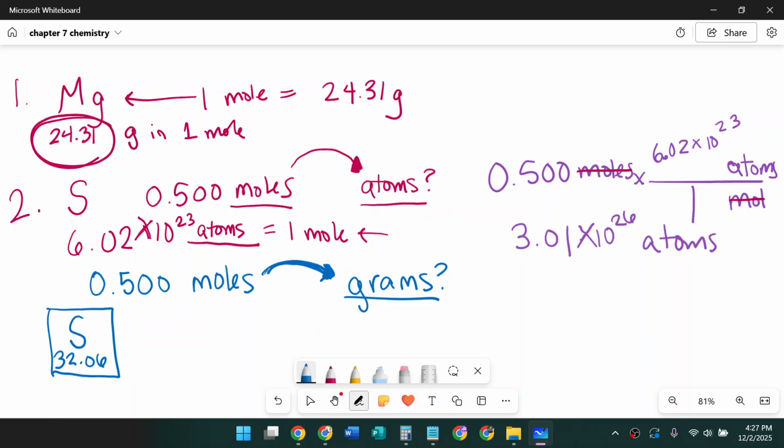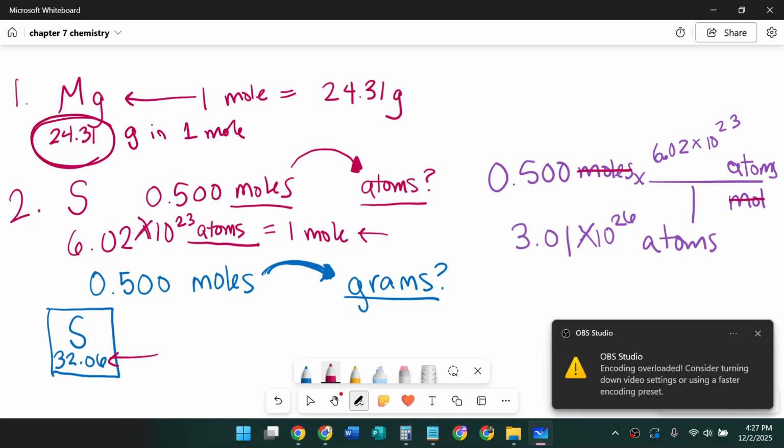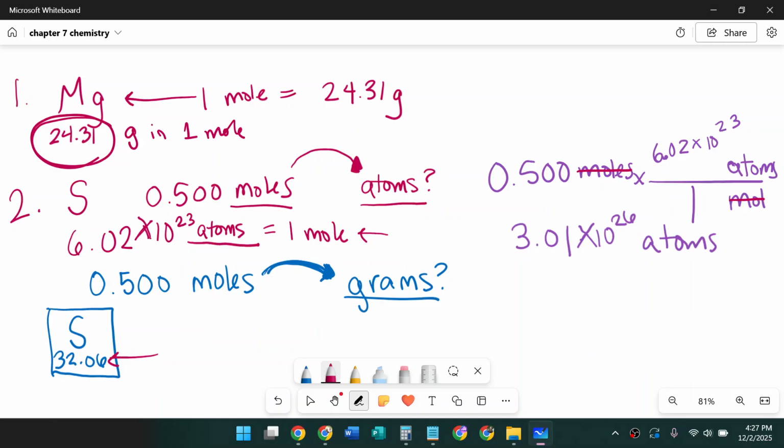And a lot of charts online, actually some places it uses 3, some places it uses 2. Okay, so the important thing is we have a conversion right here. This number right here tells us that's how many grams are in 1 mole. That only applies to sulfur because we got the number off of sulfur's little square on the periodic table.